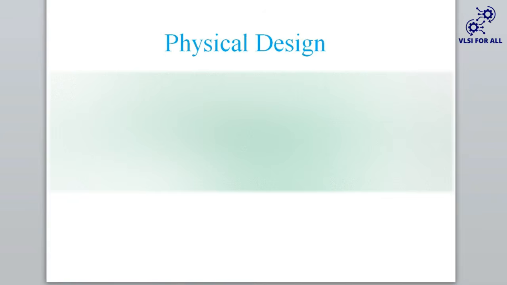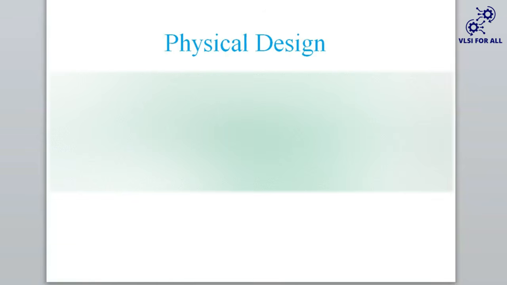After doing all the sign off, we generate a GDS2 file. That is the layout picture that we get in GDS2. So these are the processes involved in physical design.